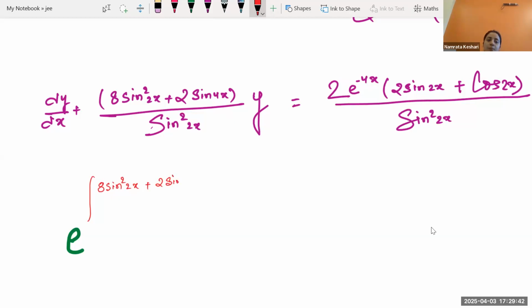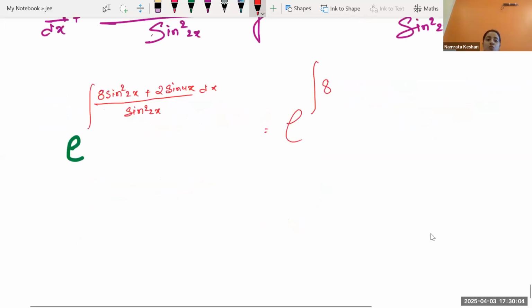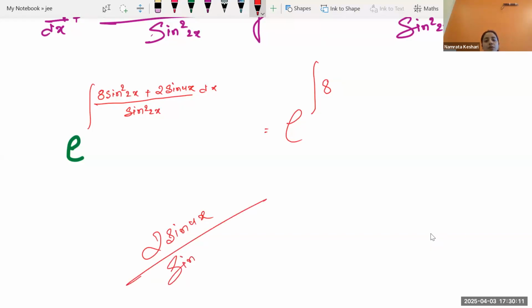If we separate the terms, the first term in the numerator by the denominator gives just 8, because sin²2x and sin²2x cancel each other out. And what about the next term? We have 2 sin 4x in the numerator and sin²2x in the denominator.